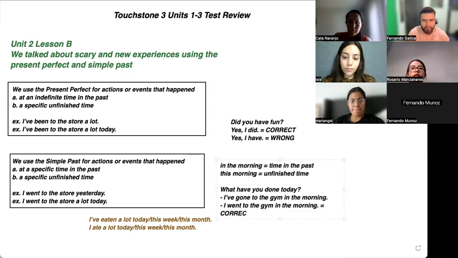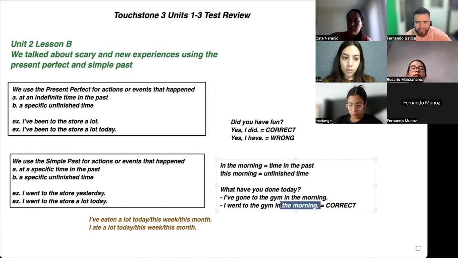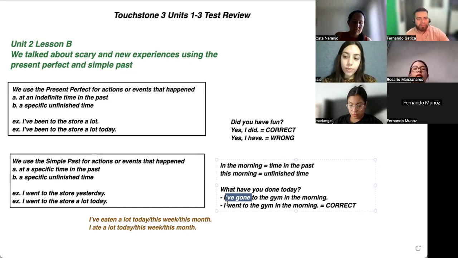This one is correct, because in the morning is a time in the past. Y no puedo usar el presente perfecto para un tiempo del pasado. Nope, it's not gonna work. But you can say, I've gone to the gym this morning. That's correct. I had breakfast, and I've taken my English class this morning.